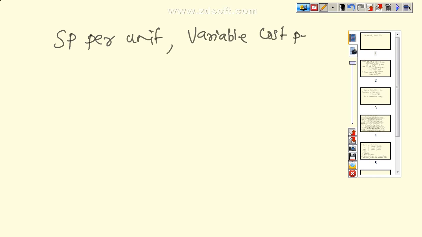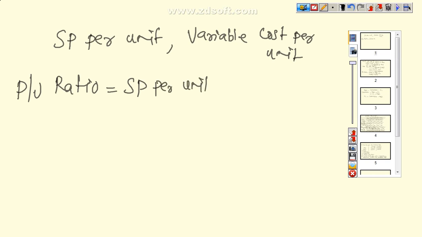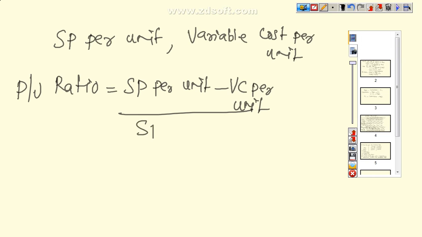Now one more formula in order to calculate PV ratio. Sometimes selling price per unit and variable cost per unit are given. In that case we can frame the formula: PV ratio is equal to selling price per unit minus variable cost per unit, upon selling price per unit into 100.